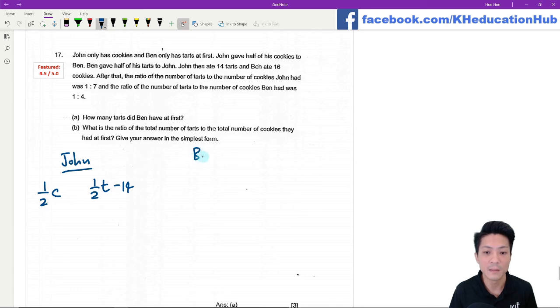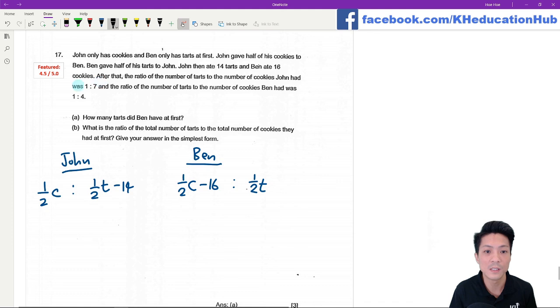And for Ben, he received half of the cookies from John, but he ate 16 cookies. As for the tarts, he is left with half of it. So we know that in the end, the ratio of the number of tarts to the number of cookies John had is 1:7.